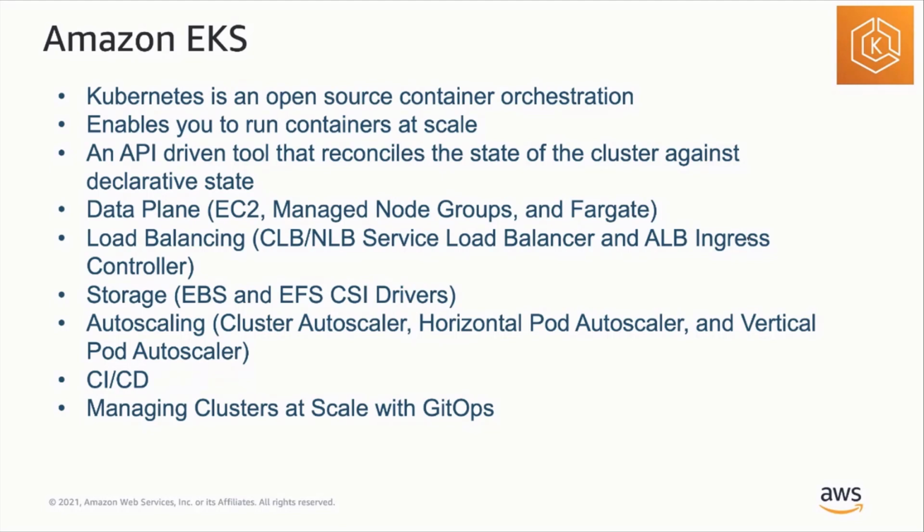Kubernetes is an open source container orchestration system for automating, deploying, scaling, and managing application code. Amazon Elastic Container Service for Kubernetes, or Amazon EKS for short, is a managed service that makes it easy for you to run Kubernetes on AWS without needing to be an expert in open source Kubernetes.